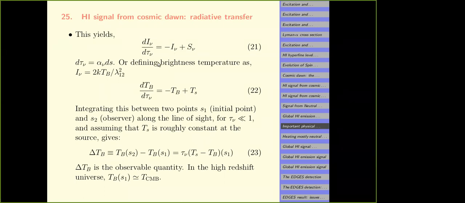What we do normally, and something I'm going to do very soon, is to define something called the brightness temperature. Brightness temperature, again, at small frequencies is defined by writing I nu as 2k TB divided by lambda 1 2 square. I can always define it like that. Source function, remember, was already in this form, right?